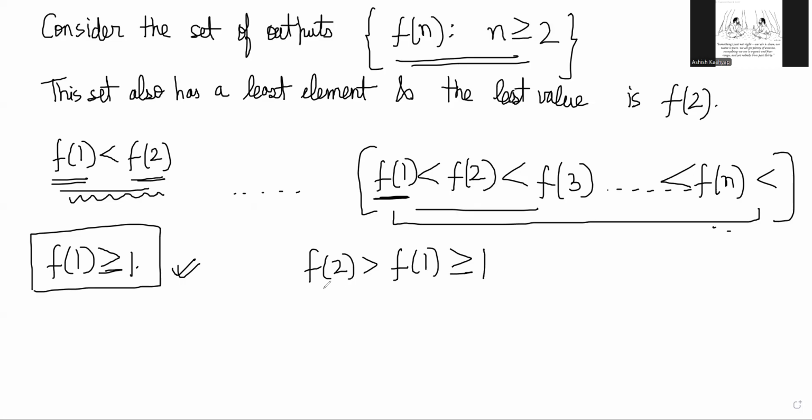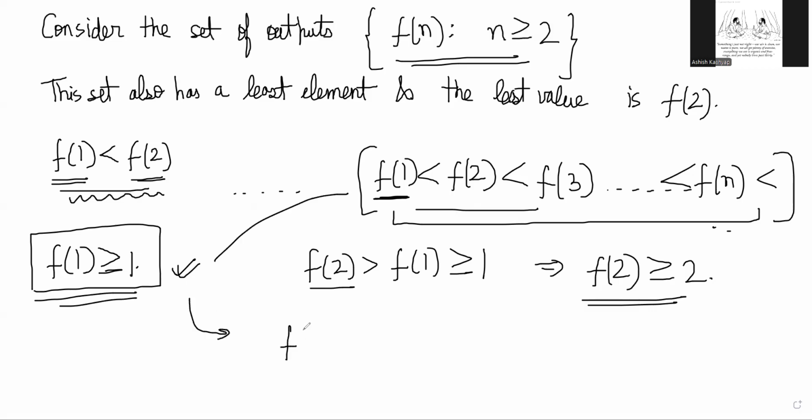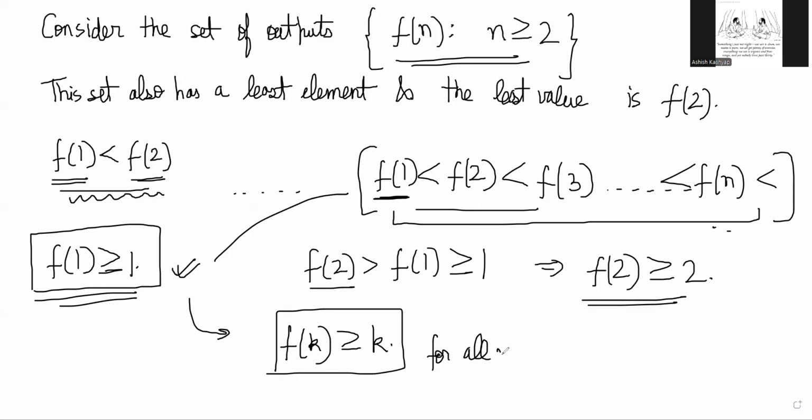So f of 2 is greater than something that is greater than or equal to 1. So it implies f of 2 is greater than or equal to 2. From here and here, we can combine and say f of k should be greater than or equal to k, for all naturals k.